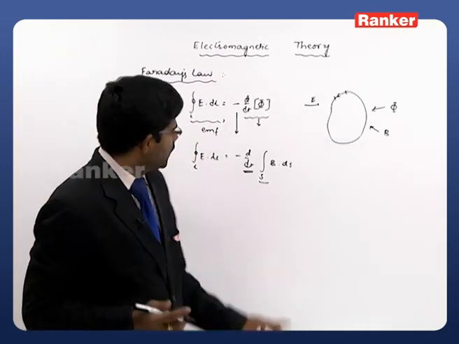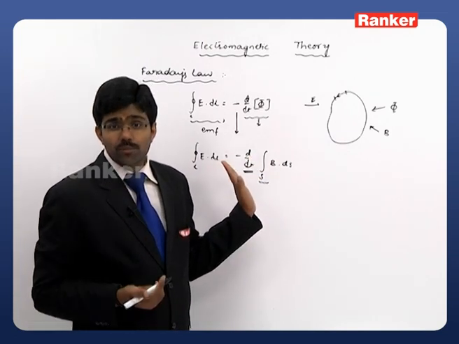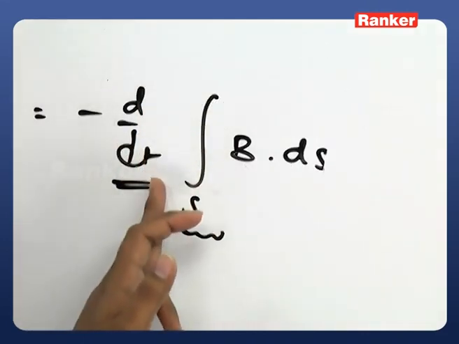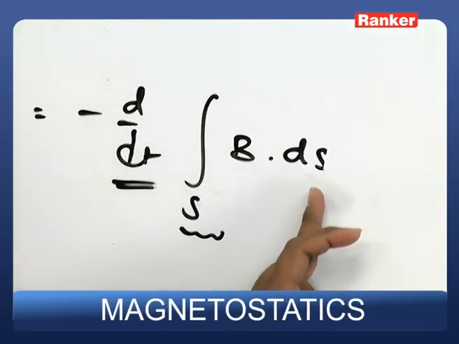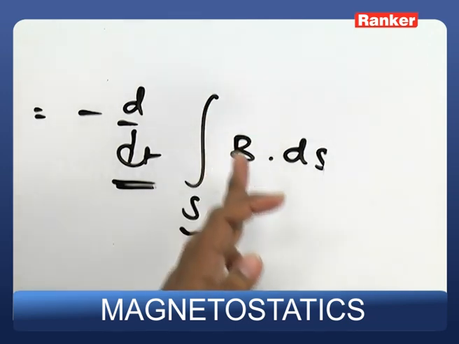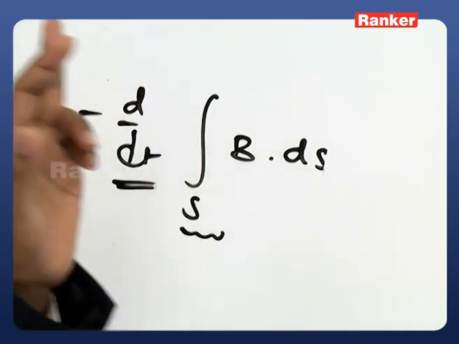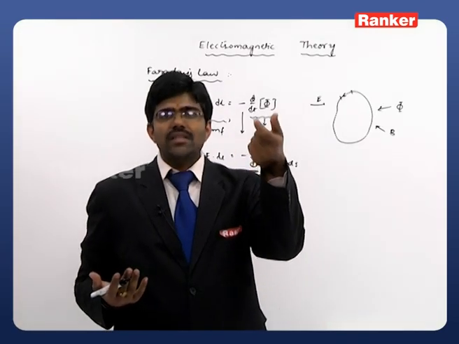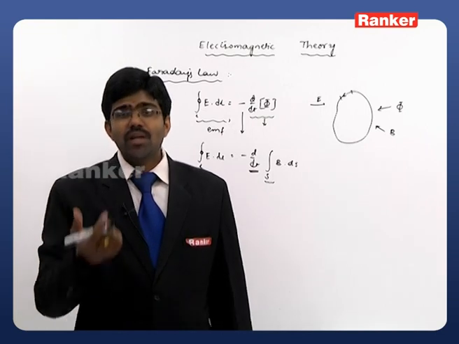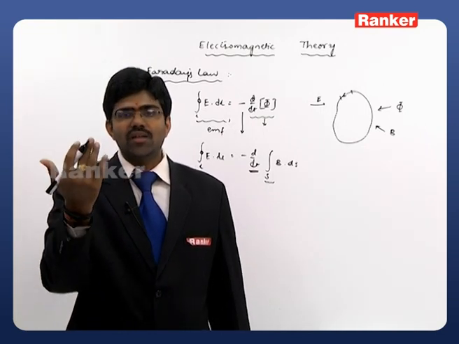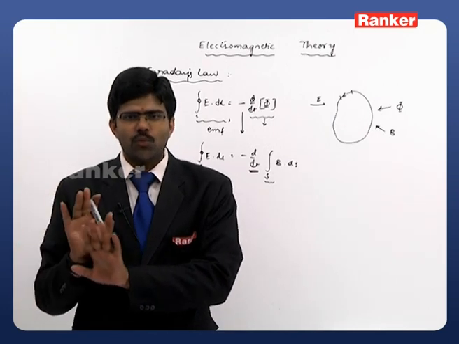If we swap, this d by dt operator can be applied to what? This d by dt operator can be applied on B, or it can be applied on S also, right? So if B is time varying, we can apply the partial by partial t operator on B. B is time varying means it is a time varying field, and S is static, that is not varying.